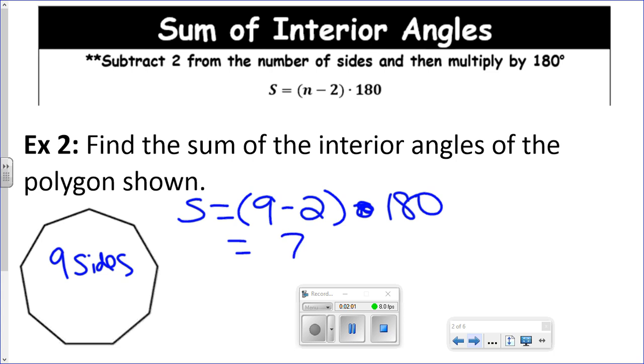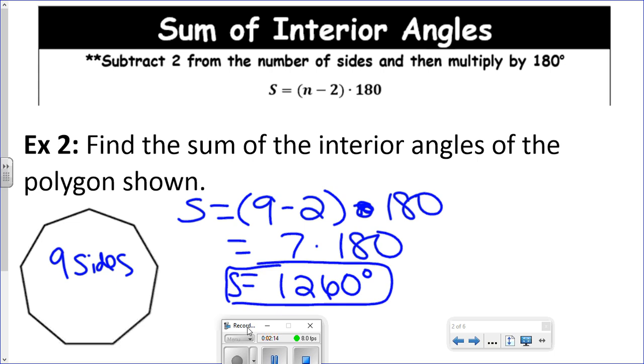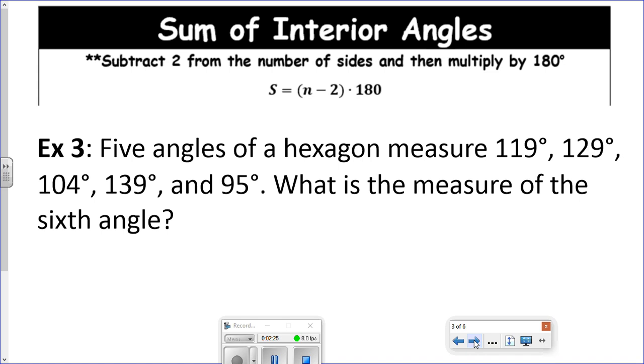So we end up with 7 times 180. You multiply those together, you get 1,260 degrees. So that means all the angles inside of this figure, when I add them up, should add up to 1,260 degrees.